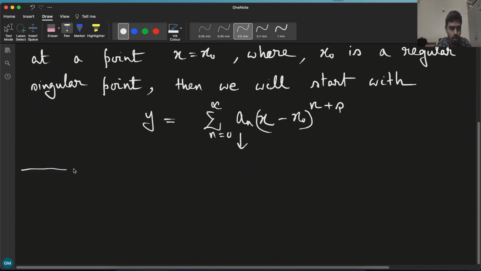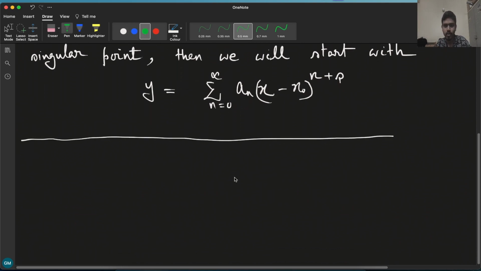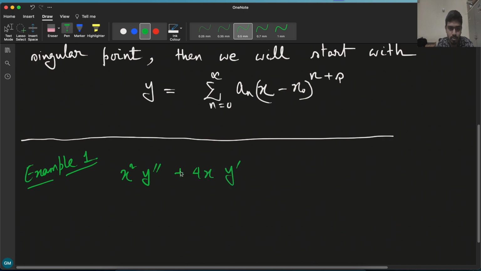So let's look at some examples. Today I will solve one example, and in the next class I will solve another. So let's take example 1. The given differential equation is x square d2y dx2, that is y double dash, plus 4x dy dx, that is y dash, plus (x square plus 2) times y equals to 0.